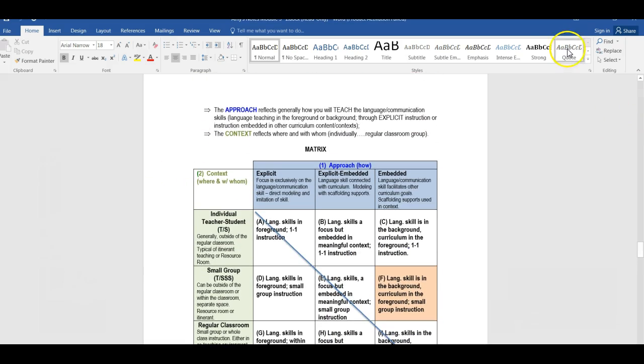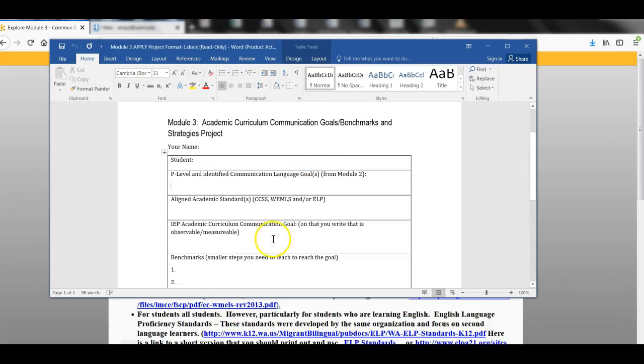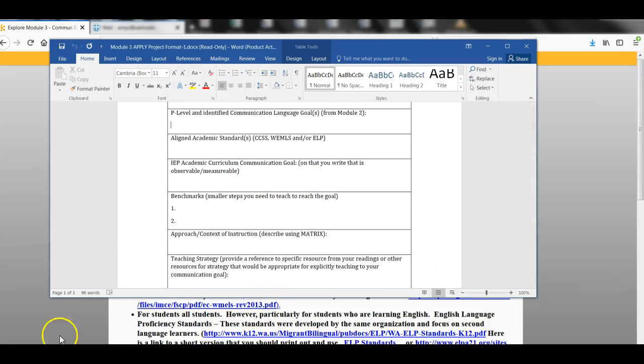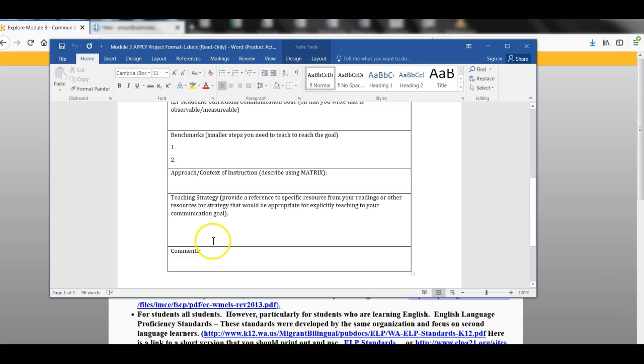The other piece that is important is, again, looking at the worksheet, the first part is clarifying the goal, aligning it, and thinking about the steps towards the goal.